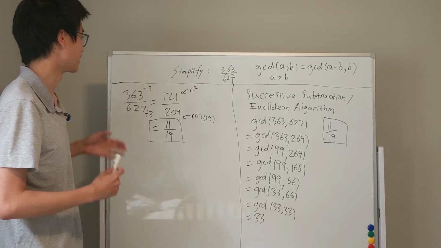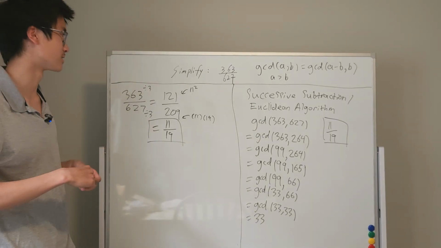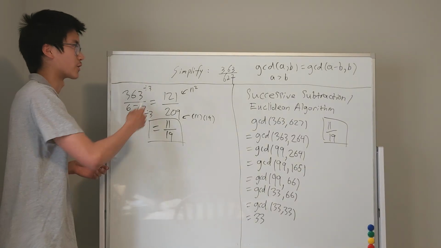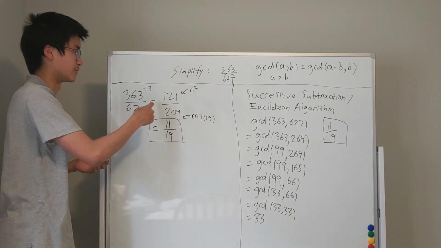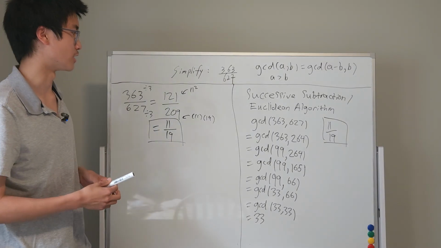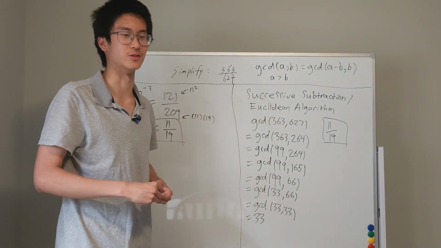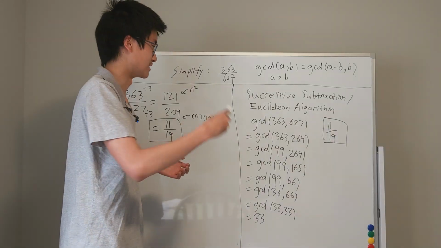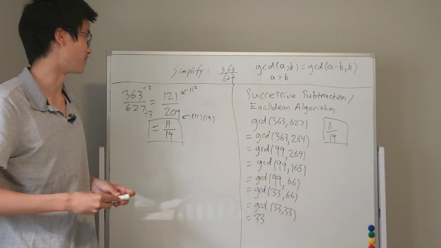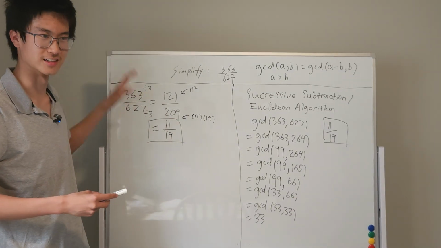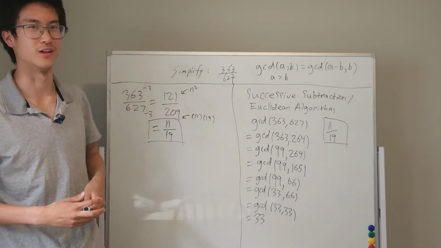But the first method may not work as well for numbers that are not as convenient as these. So the Euclidean algorithm can be extended to more difficult numbers to work with. But if the numbers are convenient, stay with the first method because it will save you a lot of time.